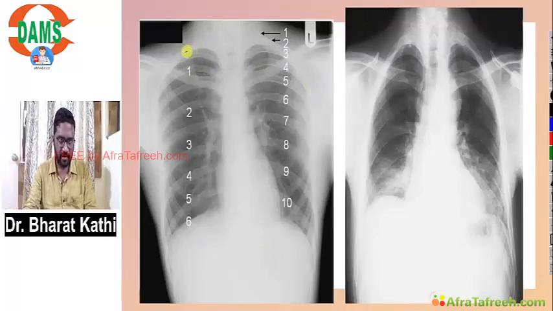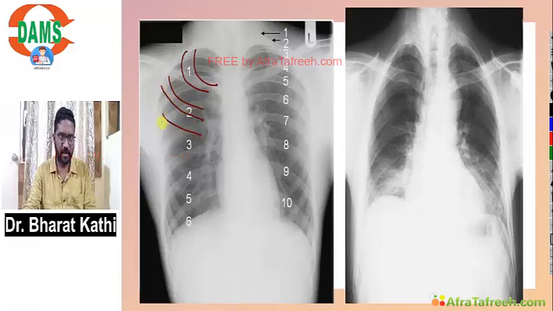See here, everybody should know the anterior ribs. This is the first anterior rib, second, third, fourth, fifth, and this is the sixth anterior rib. You have to take it in the mid-clavicular line.